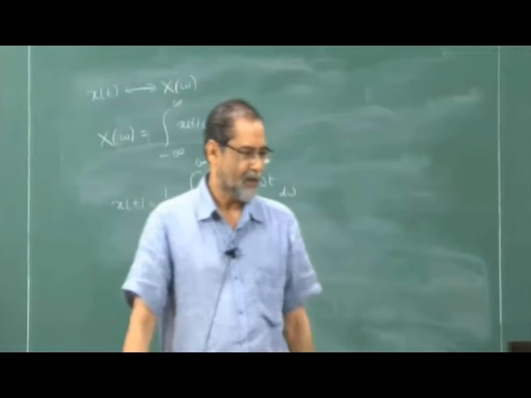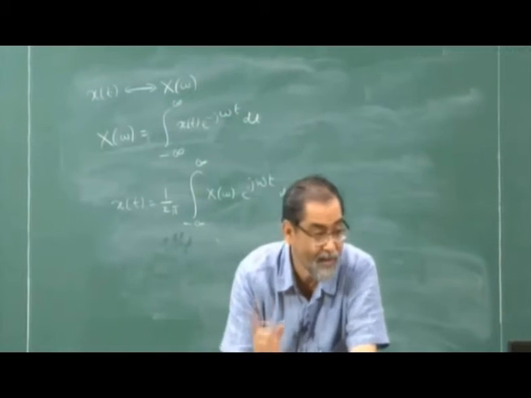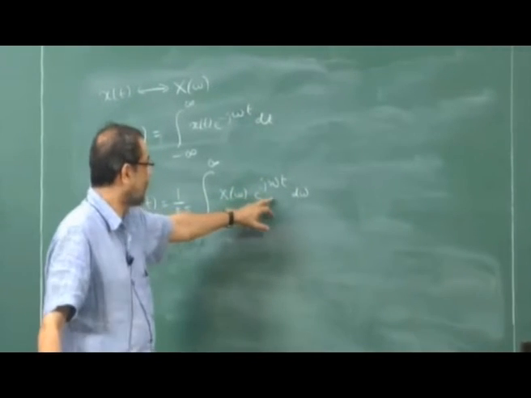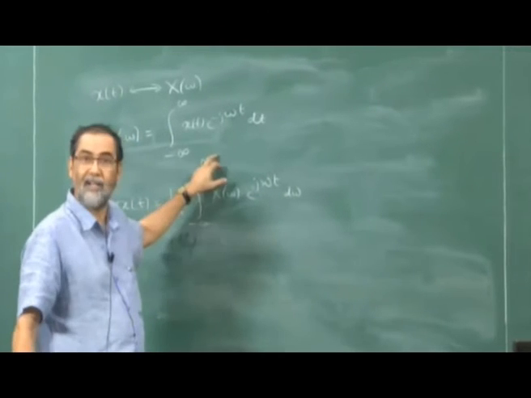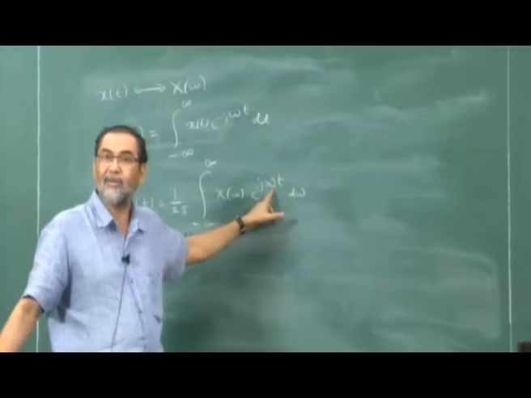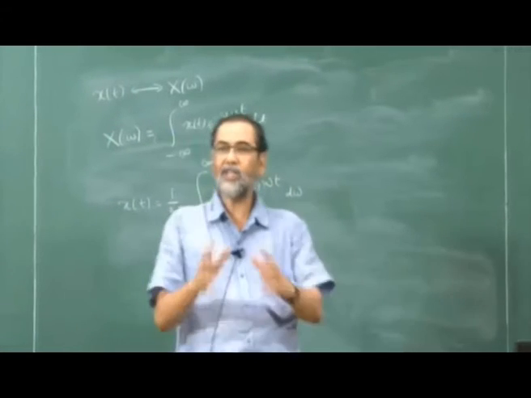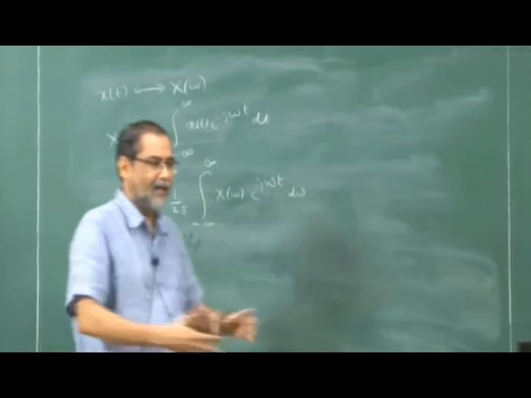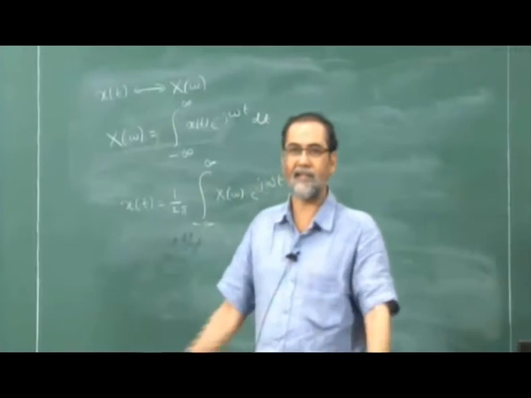So x of t consists of an infinite number of complex exponentials, because omega goes from minus to plus infinity, so omega can take any value. Each has amplitude X of omega, and they are adding, meaning integration is addition.